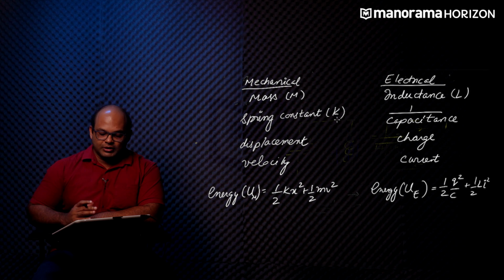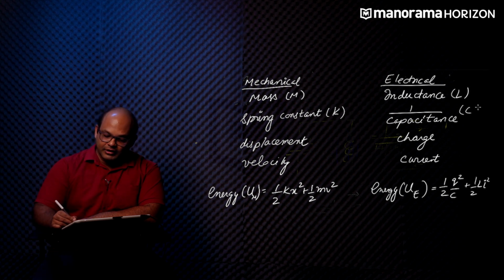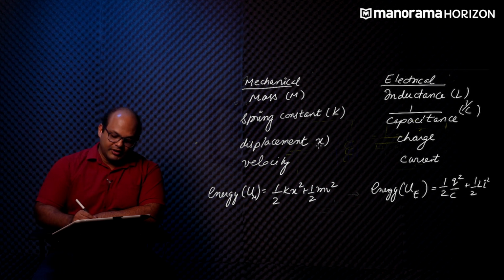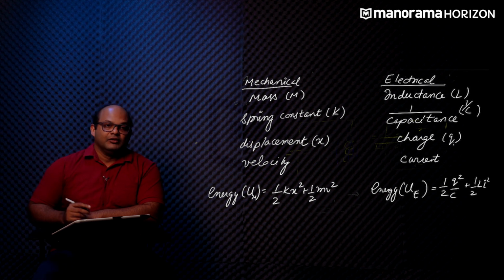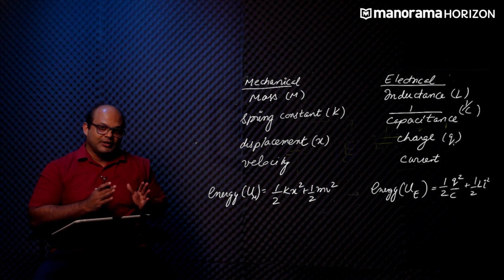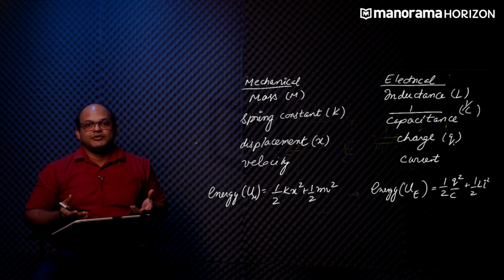Spring constant, which is denoted by k in mechanical systems, has the analog of the inverse of capacitance in electrical systems. Displacement, denoted by x in a mechanical system, has the analog of charge in the electrical system. Velocity is the time rate of change of displacement, or the differentiation of displacement with respect to time.